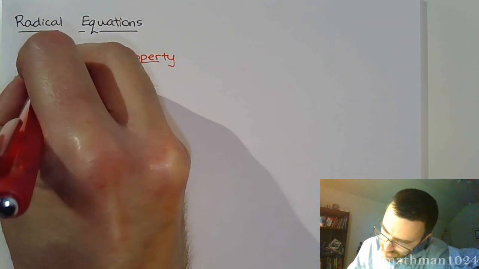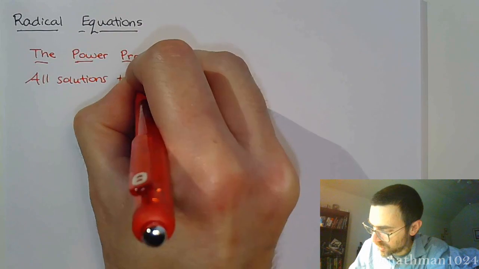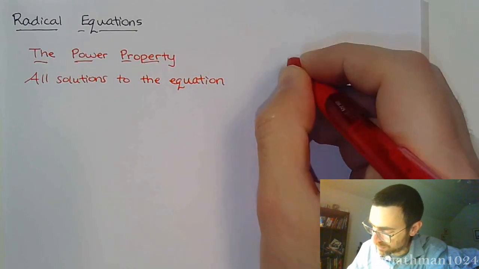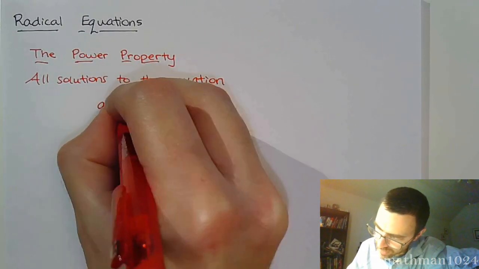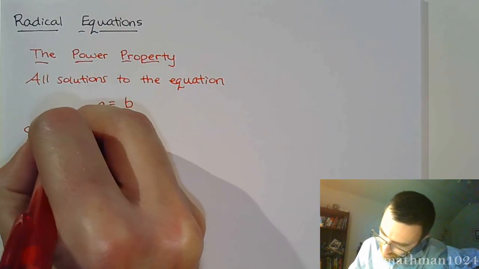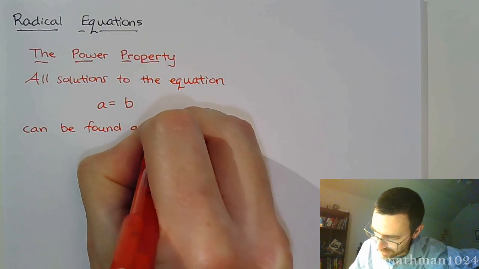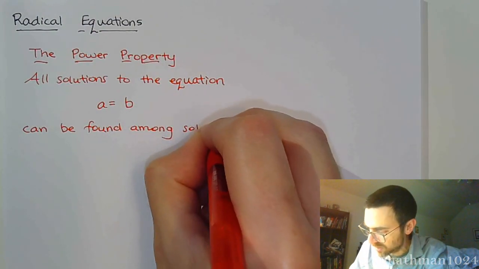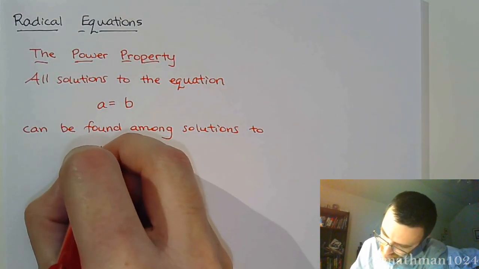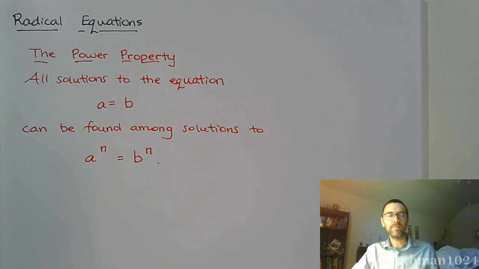It says that all solutions to the equation A equals B, these solutions can be found among solutions to A to the n equals B to the n.